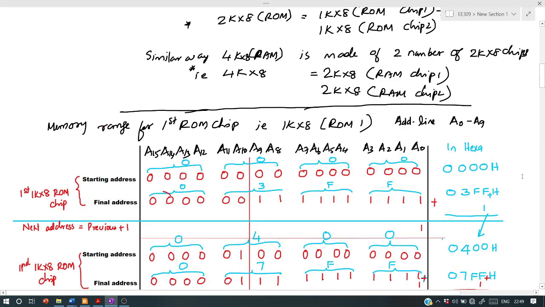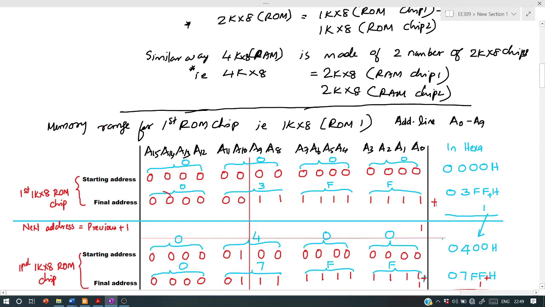So the final address for the first 1K into 8 ROM chip becomes 03FFH. As we know, the 2K into 8 ROM is made of two 1K chips. So this is the memory map for the first 1K ROM chip.